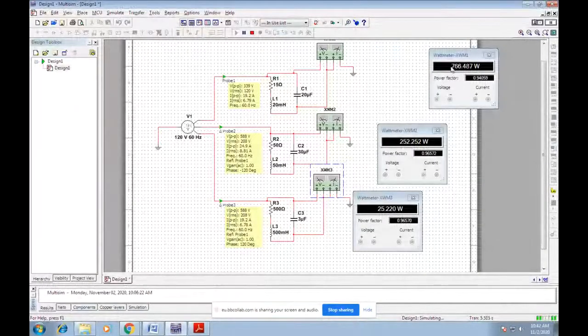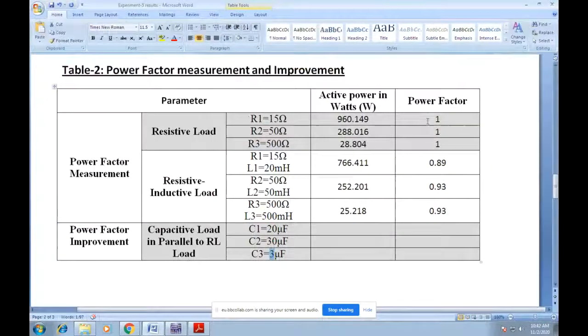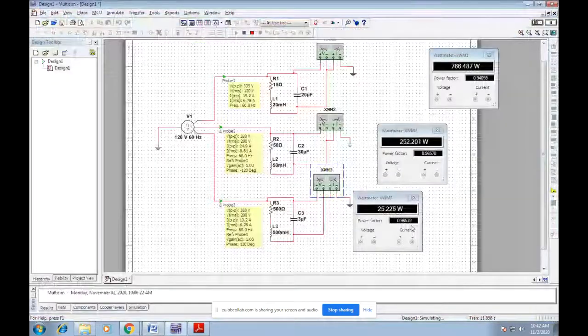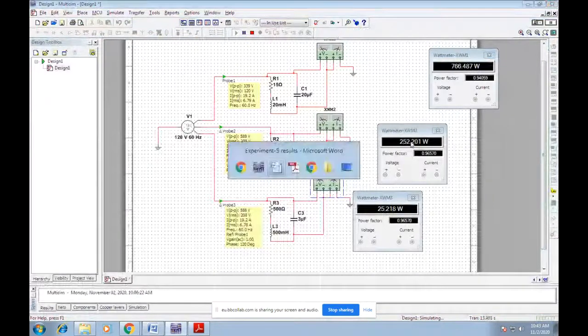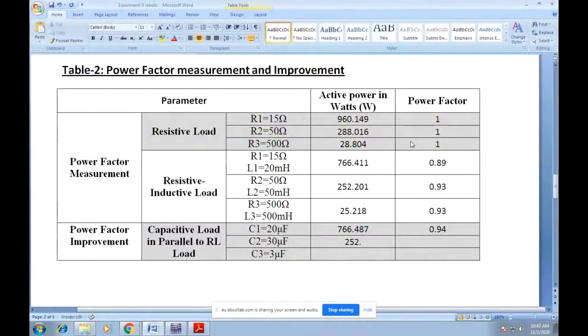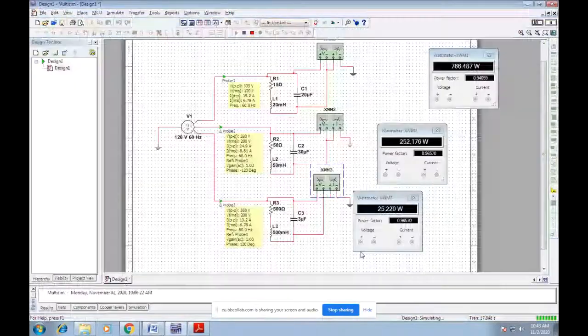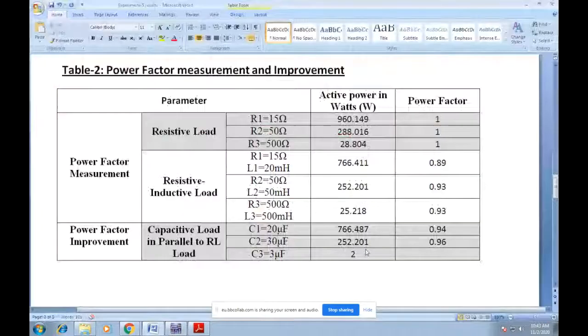What is the first value? 766.487, and the power factor is 0.94. Then 252.201. What is the power factor? 0.96. The third one is 25.22 and the power factor is 0.9.